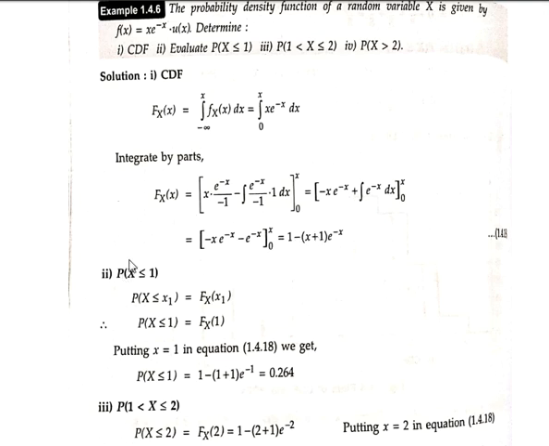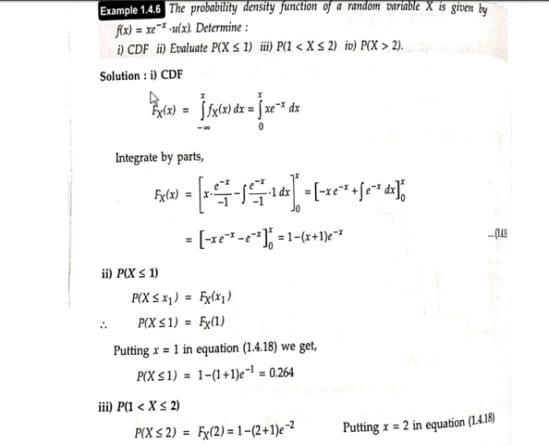Now in this value, if probability of x less than 1 is to be calculated, then P of x less than or equal to x1 is given by F of x1, and our x1 is 1. So we find this one by putting x is equal to 1.